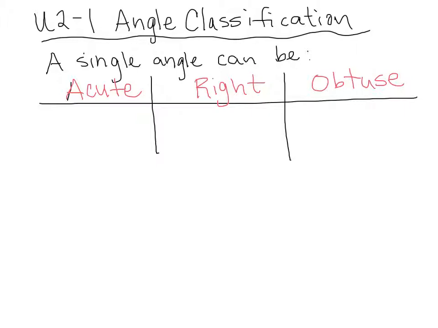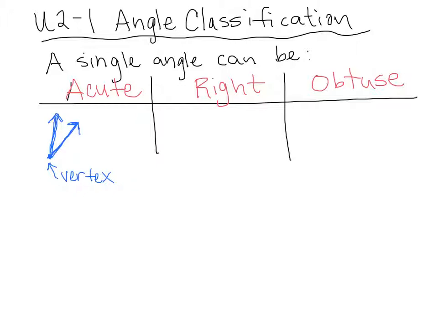So an acute angle would look something like this. Okay, where these two lines come together and meet at a point. The point here where they meet is called the vertex, and the two sides are called rays, because each one of them goes out forever with arrows at the end.